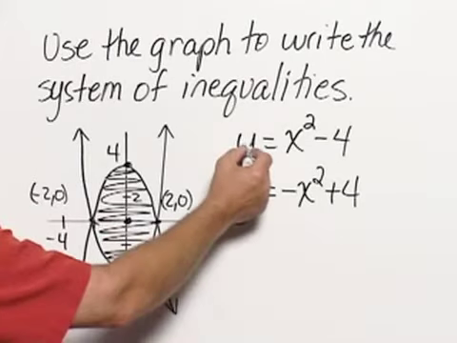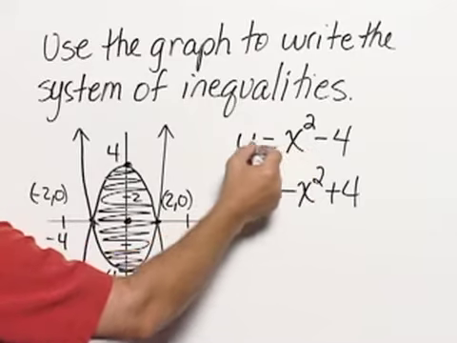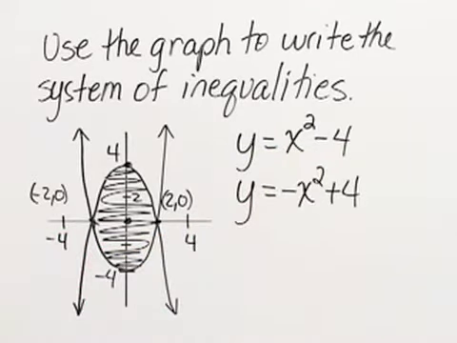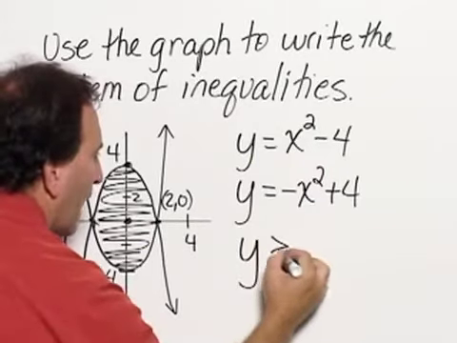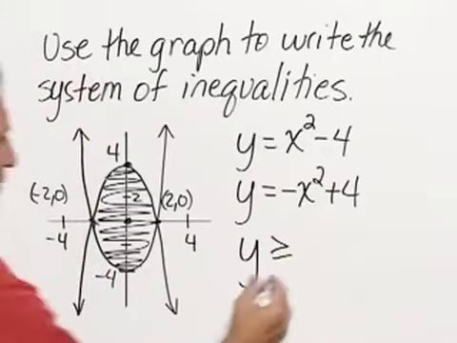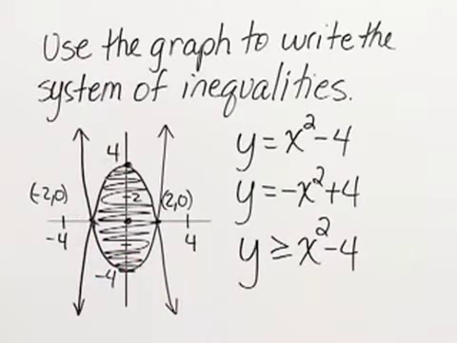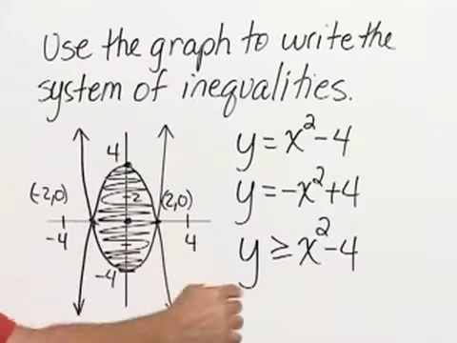When I plug in a 0 here and a 0 here, I get 0 compared to -4. And 0 is greater than -4. So this inequality is y is greater than or equal to x squared minus 4. And of course, it's because the solid line tells us to use the equality part.